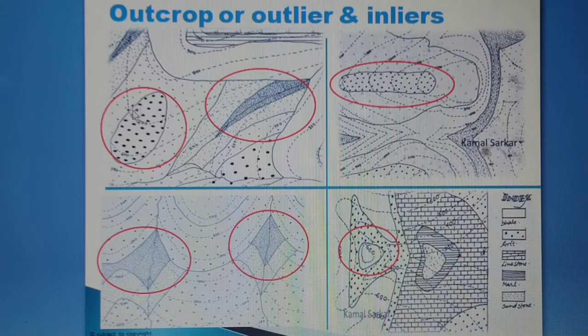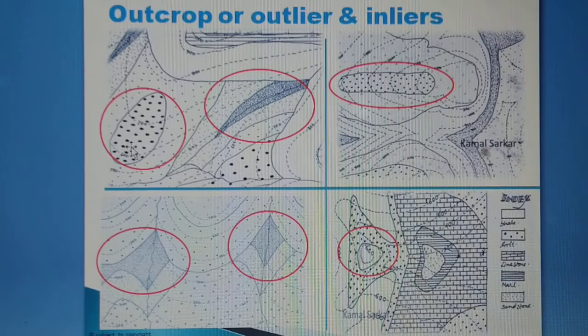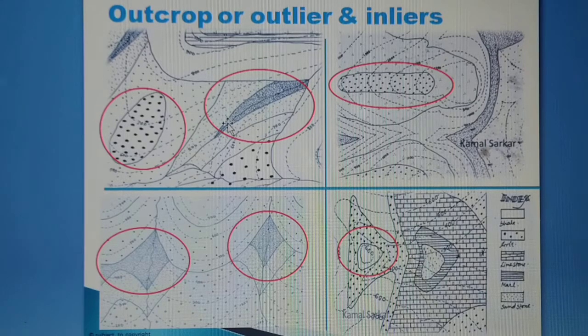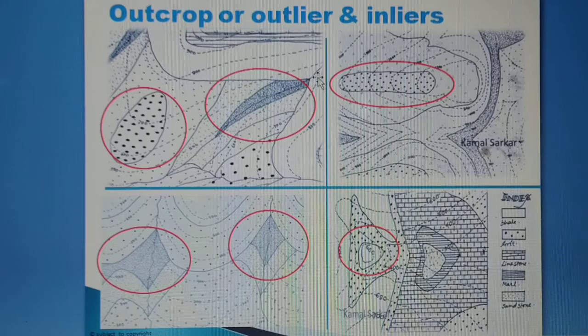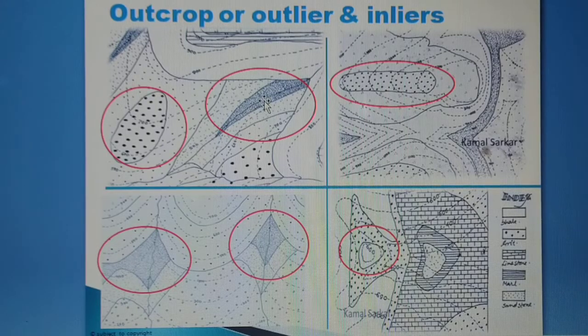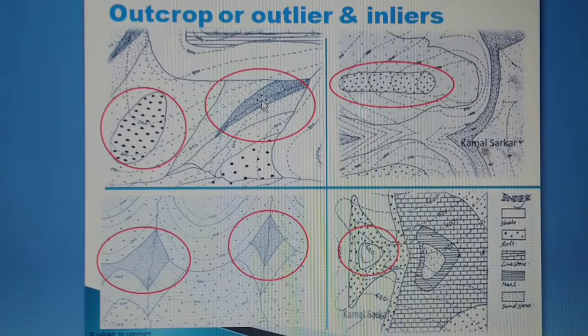So what is an outcrop? An outcrop is the top, youngest rock which covers the lower beds, whereas an inlier is a valley which is normally made by a river and it exposes the inner beds. So here this is an inlier and this one is also an inlier.